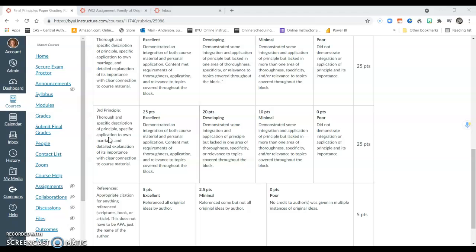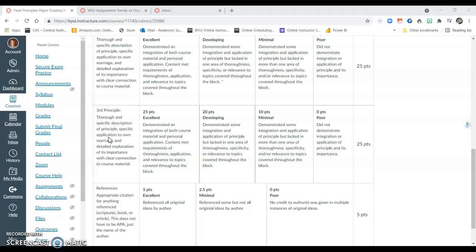Right, it's perfect. And then 5 points off if they demonstrated some of those things, but it lacked thoroughness or specificity or relevance. They talked about being kind, but didn't really talk about how we talked about the character of Christ. If they don't connect those things, then that would be the 5 points off.